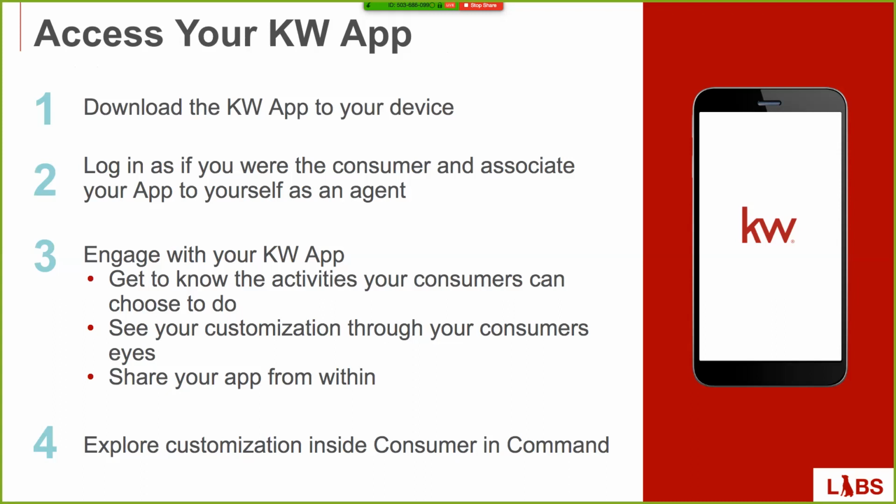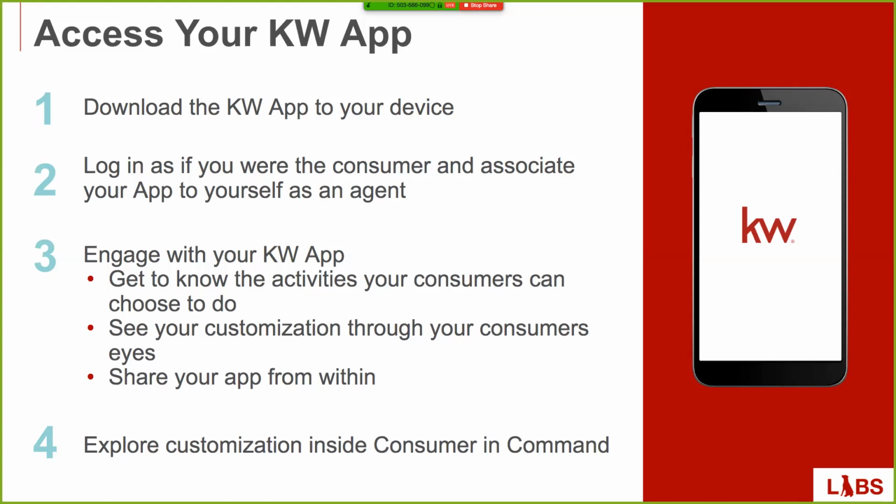Once you download it, the second thing I recommend, if you're unfamiliar with the new login process, which I know a lot of agents were, is that it asks you now to create an account as if you're a client. So just create an account as if you're the client. I made one in my own name.